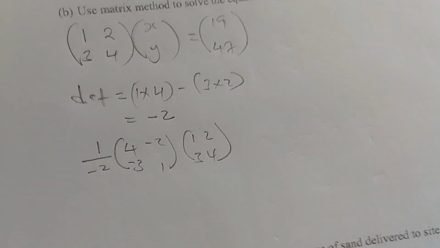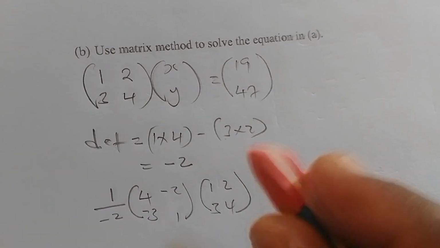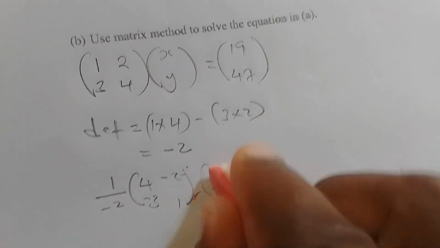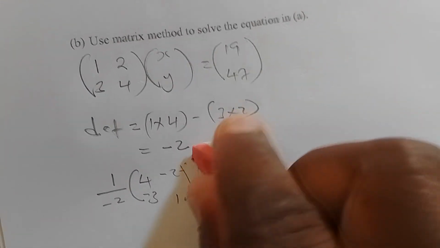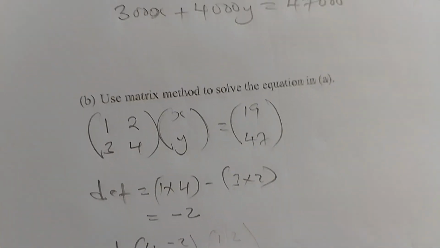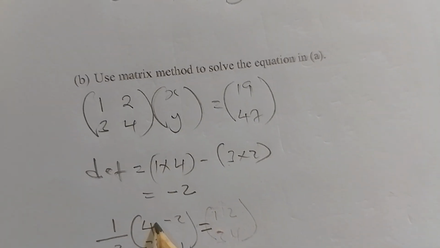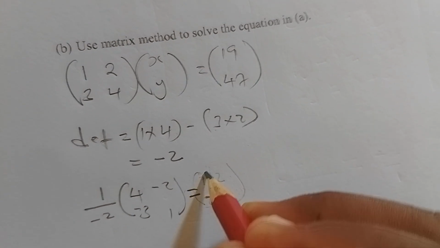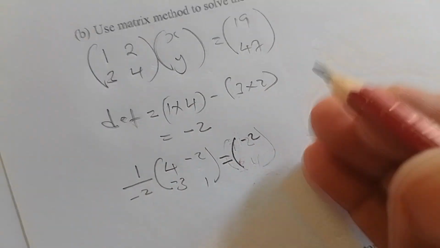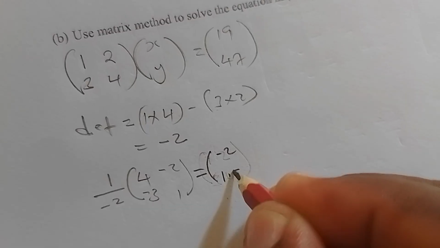Sorry learners, so let's find the inverse first in a very simple way. So this one times that will give us minus 2. Then this one times that will give us 1.5 positive.